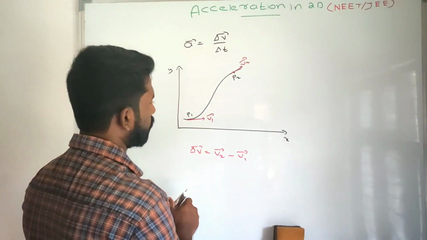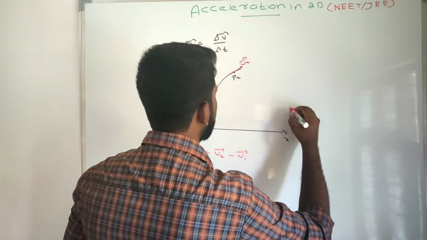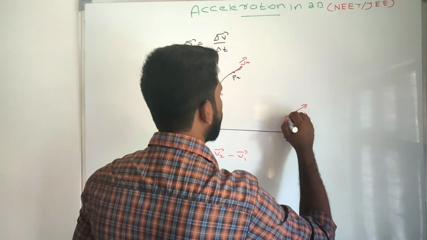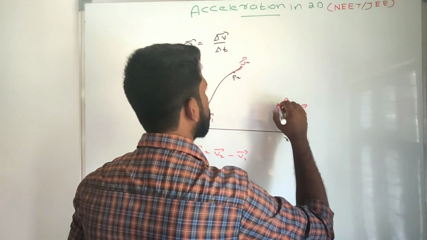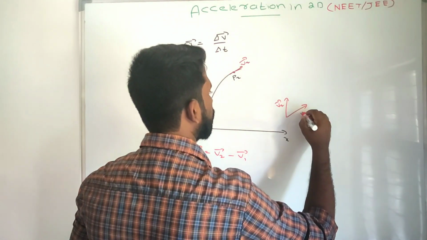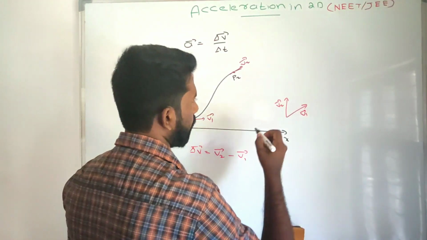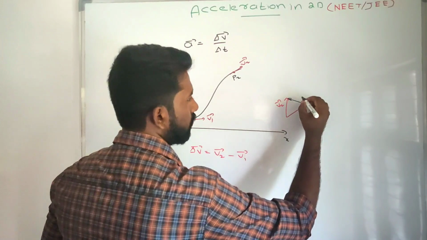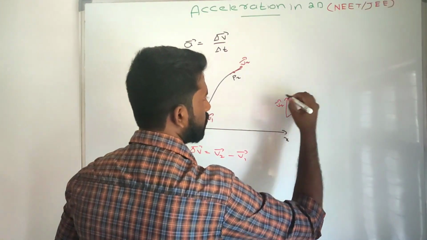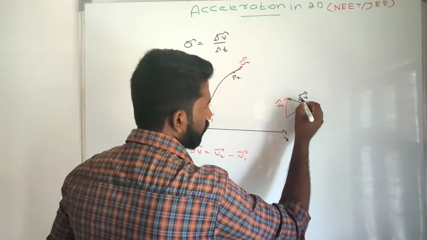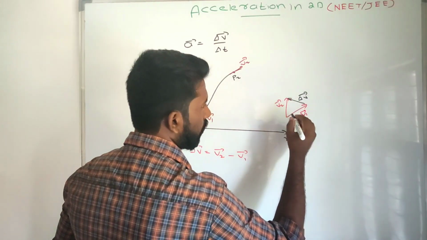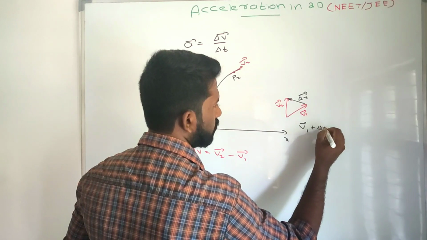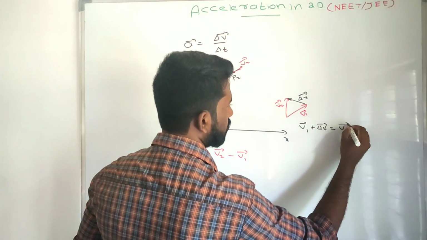We will see that. So the v1 vector is like this and the v2 vector is like this. Okay, if I draw a vector like this, we can consider it as the change in velocity, because if you apply the triangular law of vector addition here, v1 plus delta v is equal to v2 vector.